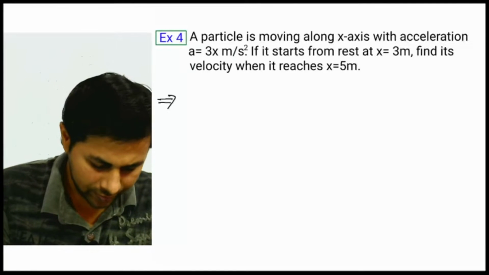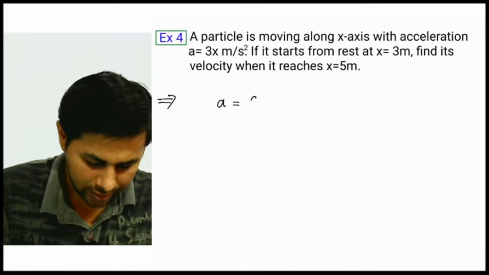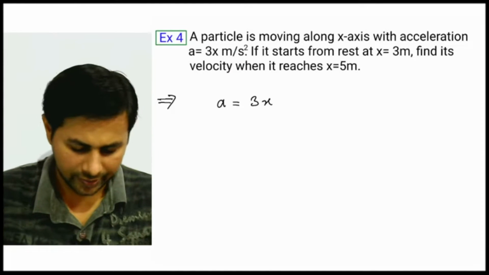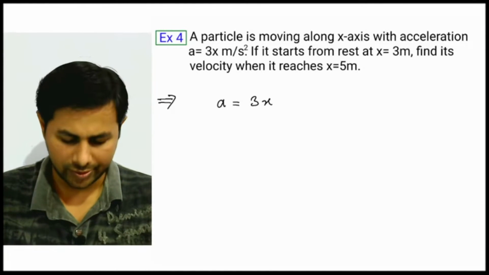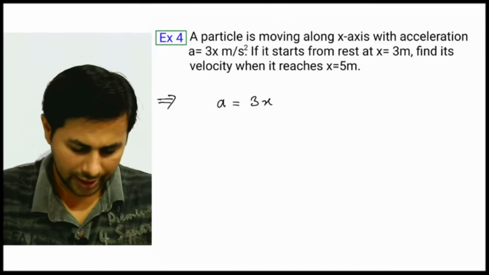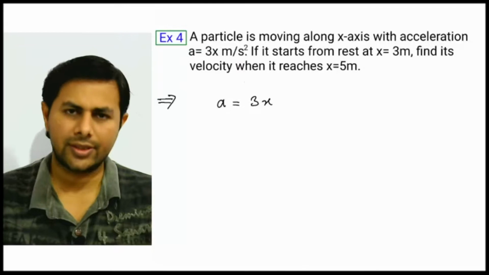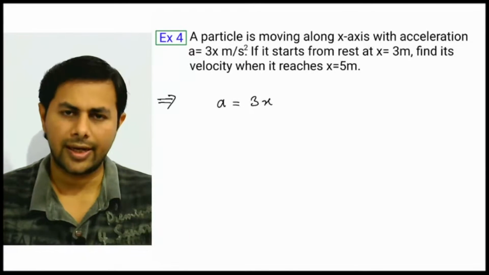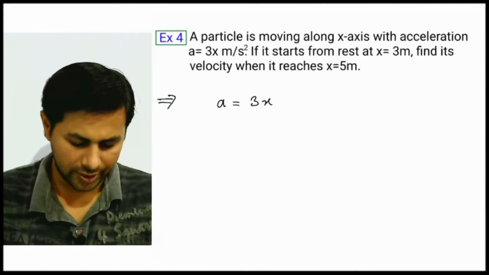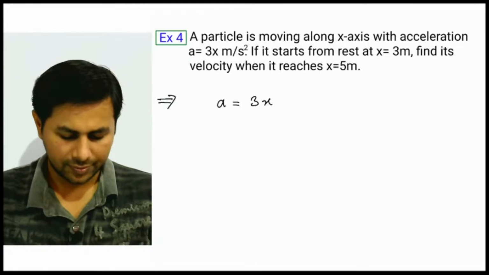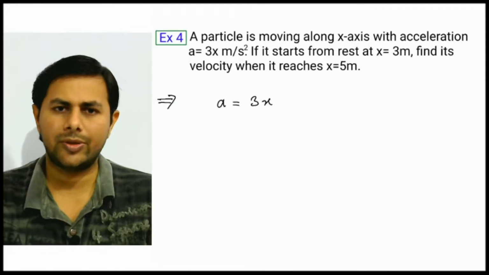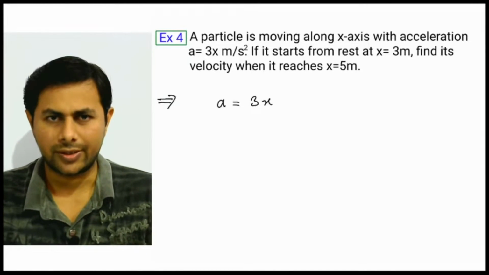So we have a equals to 3 times x, and unit is meters per second squared, the SI unit, and we want to find out its velocity when it reaches some position. It reaches x equals to 5 meters. Okay, that means we want relation between velocity and position.